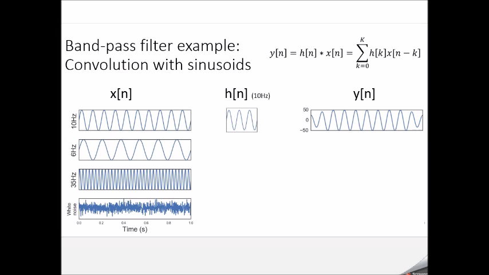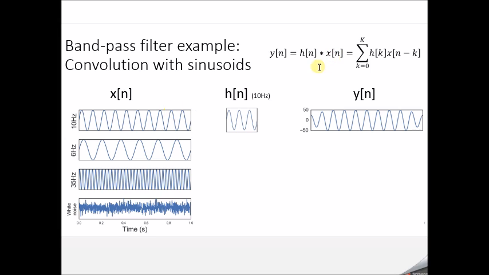Let's look at an example in which our filter function h of n, or I'll also call this the kernel, the filter kernel, or the filter impulse response is another name for it. Let's look at the case where we set h of n to be a 10 hertz sinusoid. And our input is also a 10 hertz sinusoid.